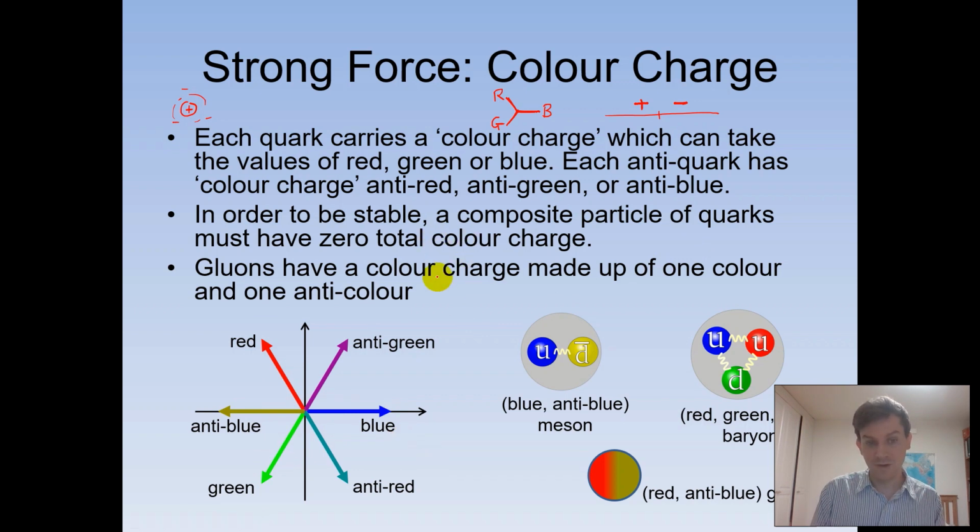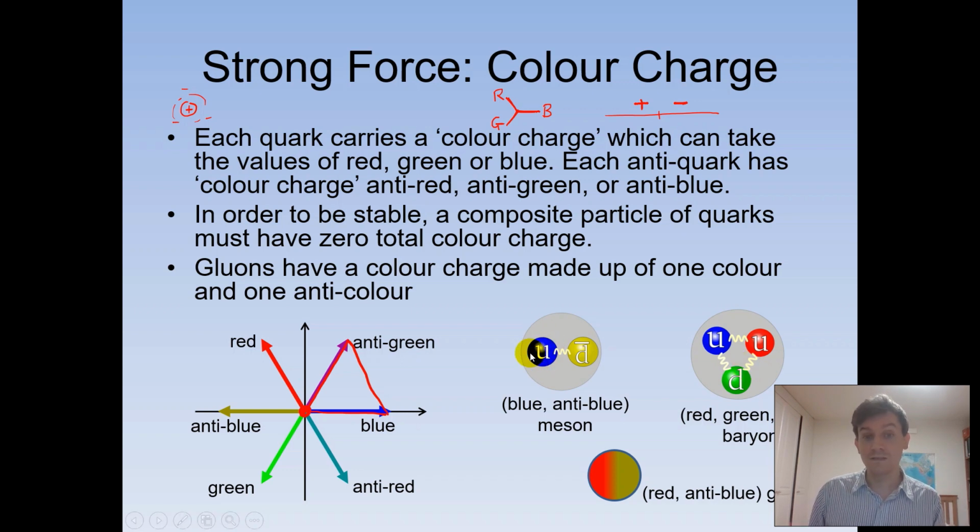And you can see if you add up a blue vector, which looks like this, to a red vector, which looks like that, and then to a green vector, which takes you back there, then you get back to 0, right? So this total proton here has 0 color charge, okay, even though the parts that make it up, these quarks, have charge.